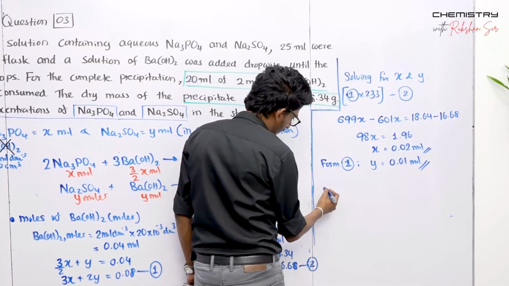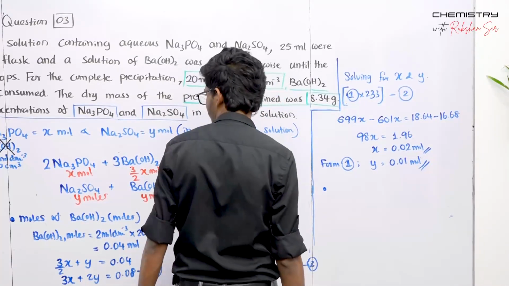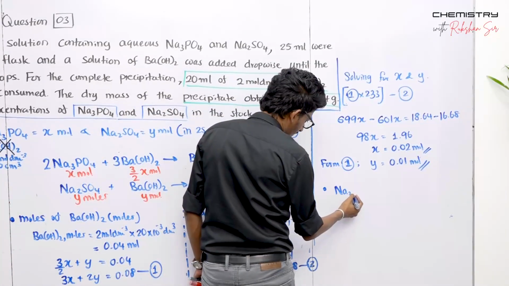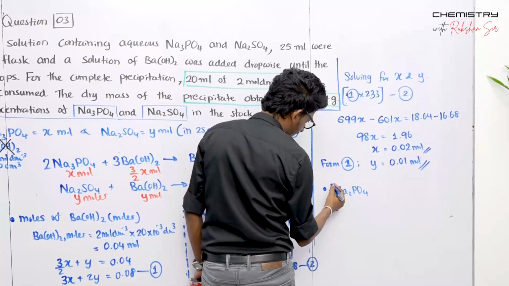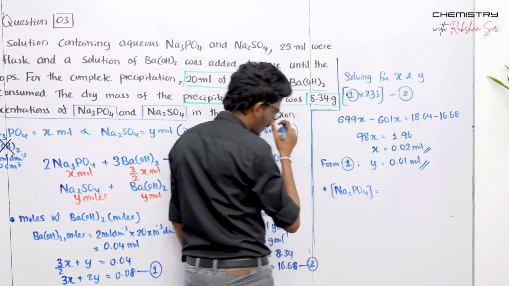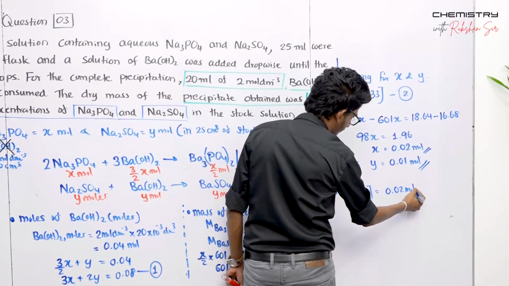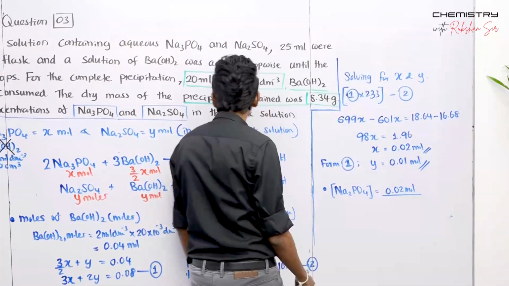That means achieving the concentrations. What we need is the concentration of those two now. The concentration of sodium phosphate can be taken as the number of moles of sodium phosphate, that is 0.02 moles, divided by the volume.